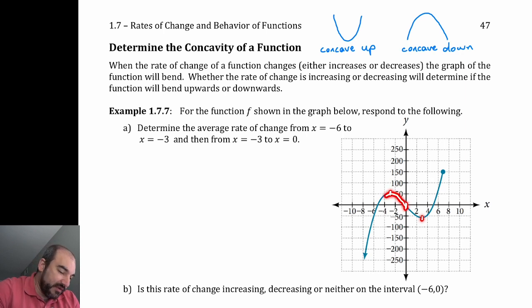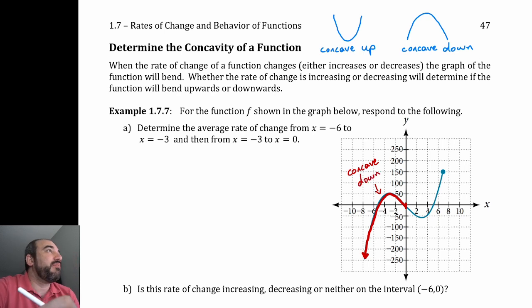So on the left side of this 0, let me highlight this in red actually, the left side of this graph is where we are concave down. Right? Because it's a downward shaping cup. And then on the right side of this, it's concave up.